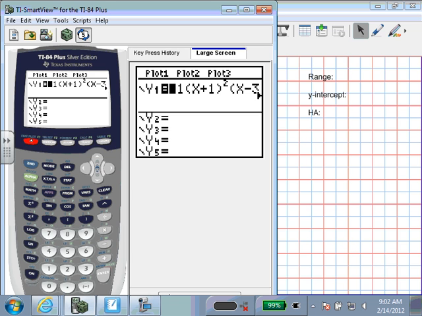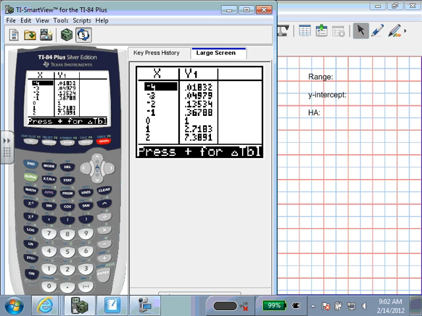If I put this in as a function, I'm going to use a different e. I'm going to use the e that's the second function of natural log, because it assumes I'm going to put a power on that, so I'm going to put x as my power. I want to look at my table.